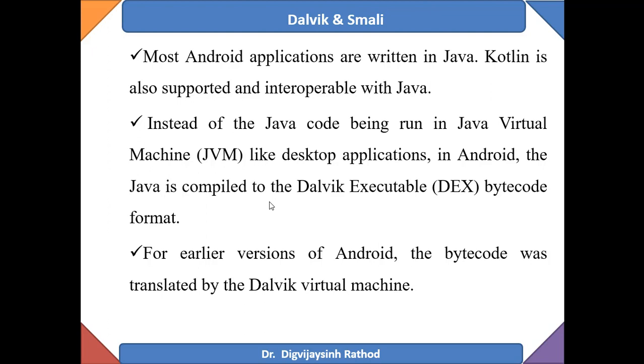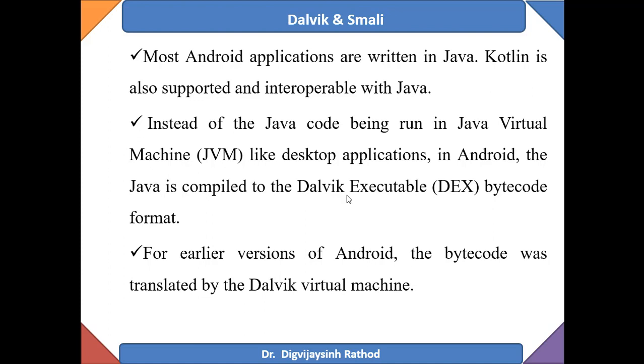But as we know, in the case of mobile phones, we have limited memory and obviously limited processing power. So to optimize the code, Google has used a Dalvik virtual machine that will take Java code or Kotlin developed applications as an input, and generate the Dalvik executable code, which is ultimately optimized code.